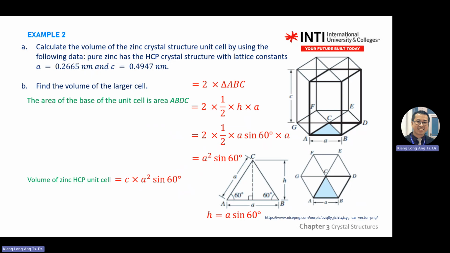Right? So once you have this parallelogram, you multiply by the height of this HCP, which means you have one cube, the one highlighted in black color. Once you find that one, you will get 0.03 something nanometer cube, in the nano, 10 power 9.